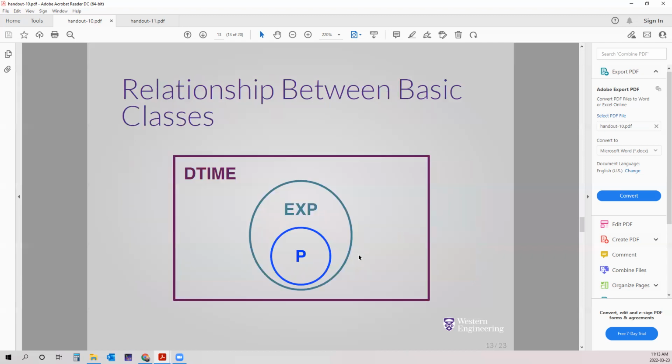So P is a subset of EXP. That is the relationship between the basic classes. Clear till here? Questions?